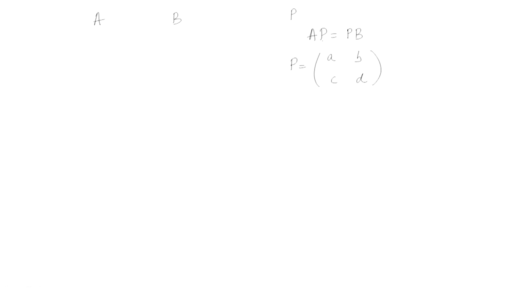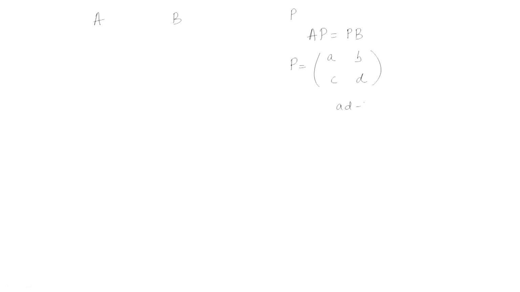So, you can take P as a, b, c, d. Then you can solve the left hand side, you can solve the right hand side, and you will get 4 equations in 4 unknowns. You can find a, b, c, d, and if you find a, b, c, d such that this matrix P is invertible, that is ad minus bc is not equal to 0, that clearly means matrices A and B are similar, because we have shown the existence of such an invertible P such that AP equals PB.